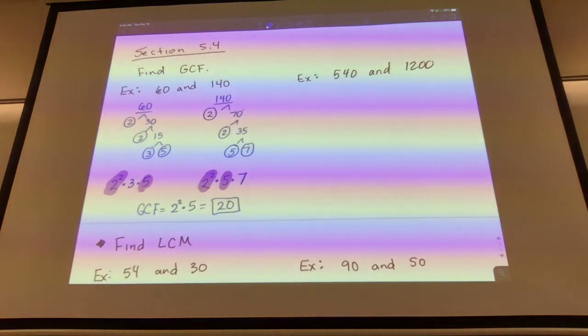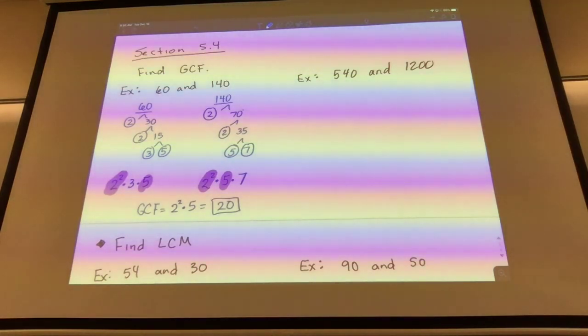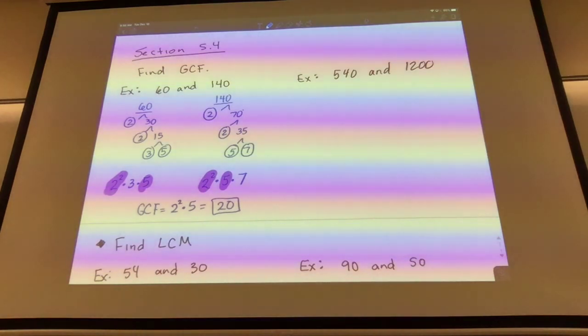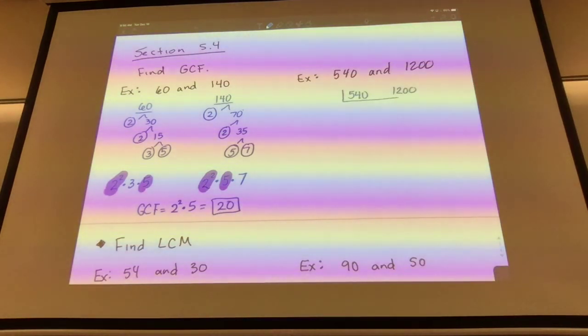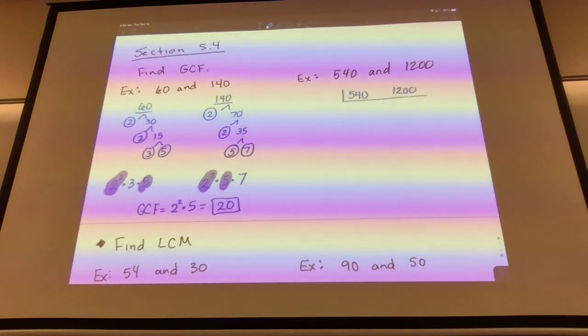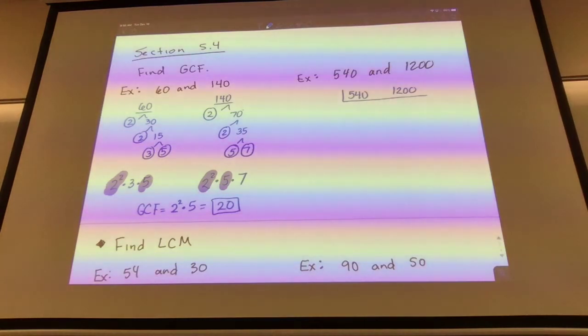The next one's large numbers, and that's okay. I'm not saying that necessarily one method is better than the other, but I will start using this method probably more. If I take both of them and I put them in a table like this, I can kind of work with 2 at a time. So both of them are even numbers. What will I divide by first?